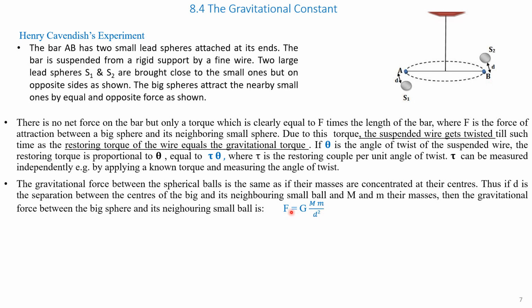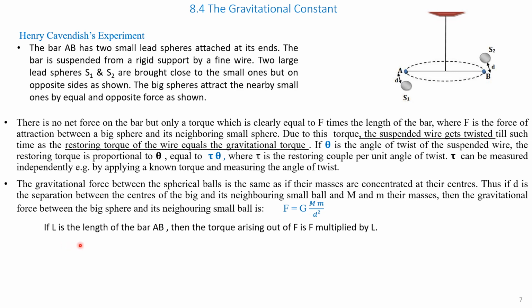All these symbols are already explained earlier. F is the force, G is the gravitational constant, capital M is the mass of the bigger sphere and small m is the mass of the small sphere. And d is the separation distance as shown in the figure.